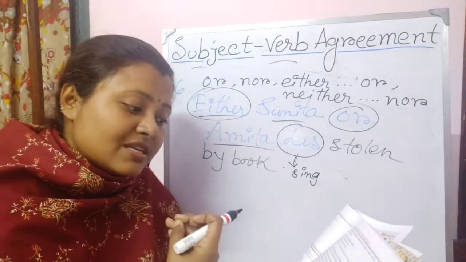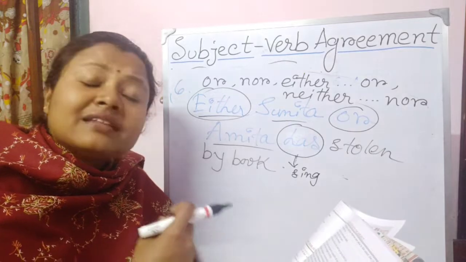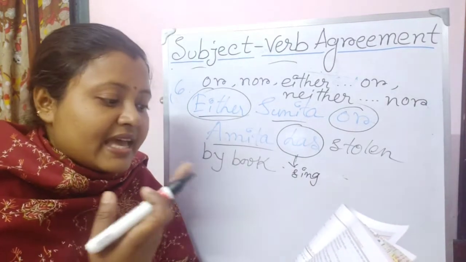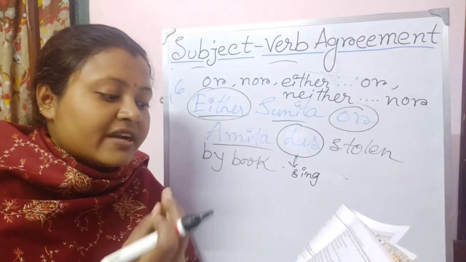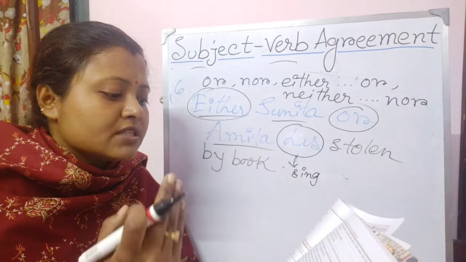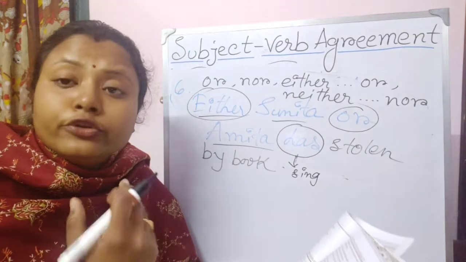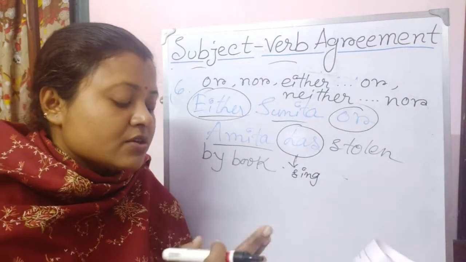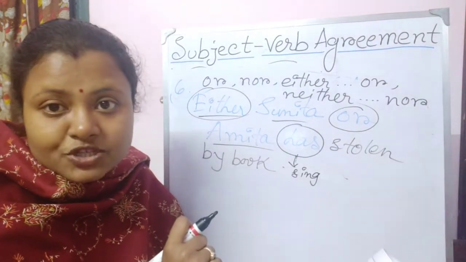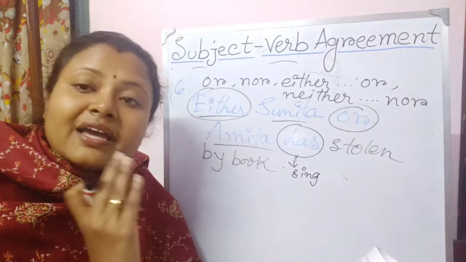These two singular subjects are joined by neither nor. So that is why after the main verb affect, s is added over here: affects him. Okay. So, no nook or corner was left unexplored. Here nook and corner are the two singular subjects which are joined by or.